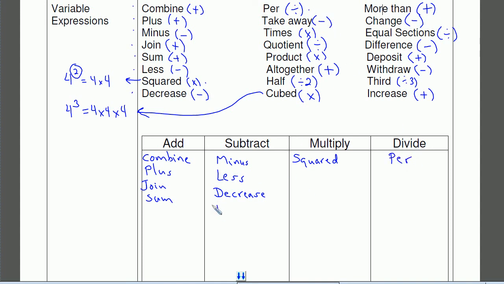Take away, that means subtraction. Let's see, times, that means multiplication. So let's see, we got that one, that one, that one. And quotient, that's the answer to a division, remember? Product, that's multiplication, that's the answer to a multiplication. All together, that's addition.